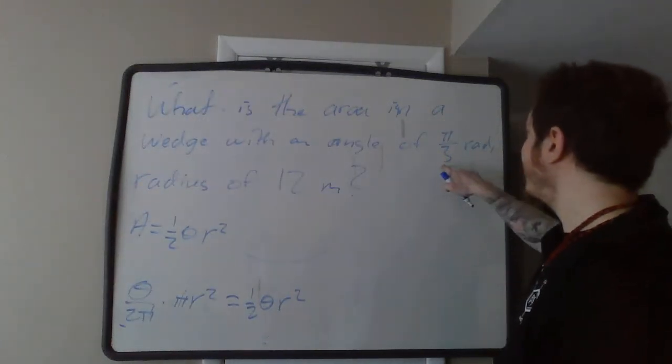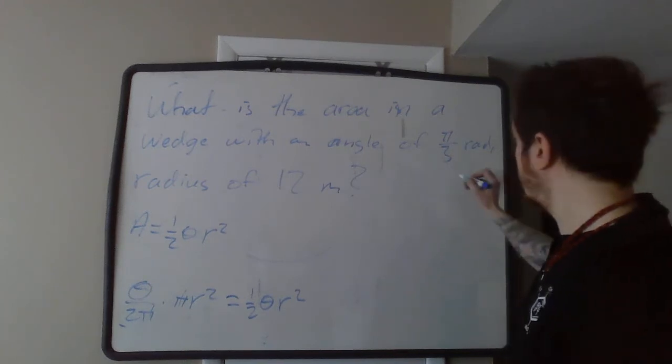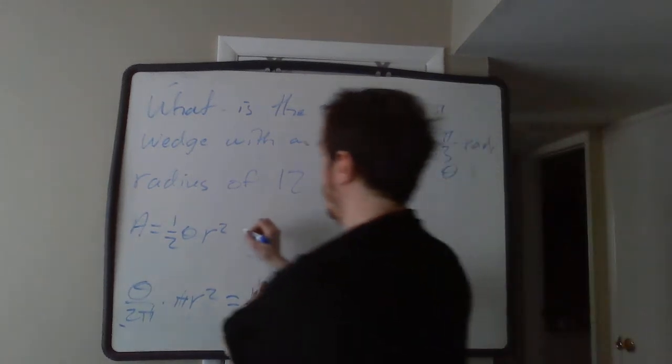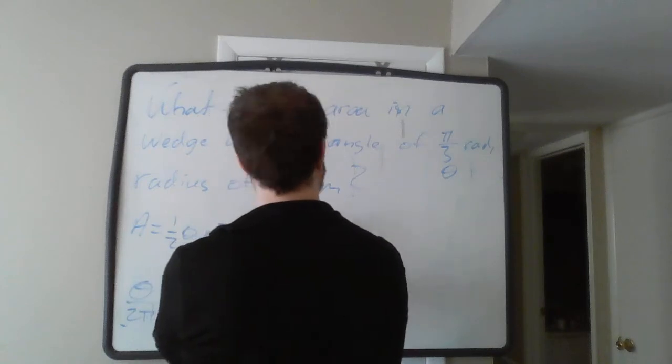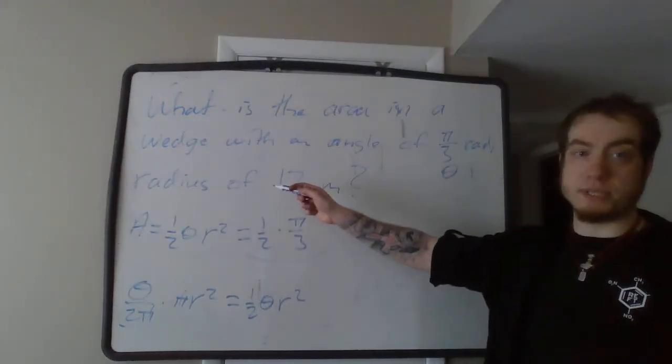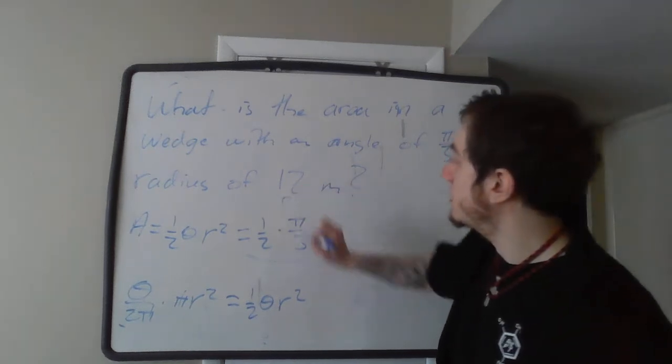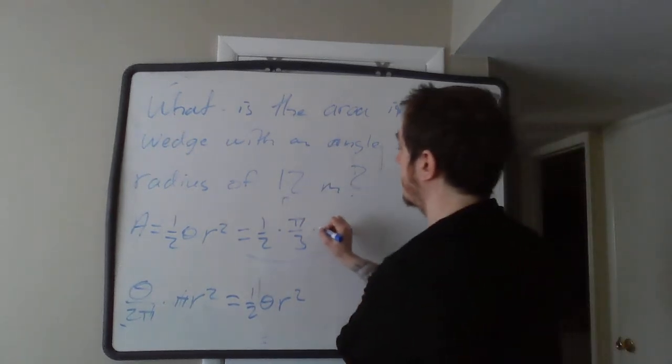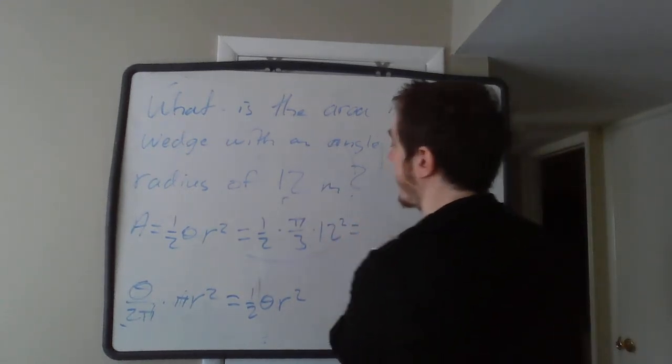I have my theta here, which is pi over 3. That's going to give me 1/2 times pi over 3. And the radius is given in the problem as well. The radius here is 12, so this is going to be times 12 squared.